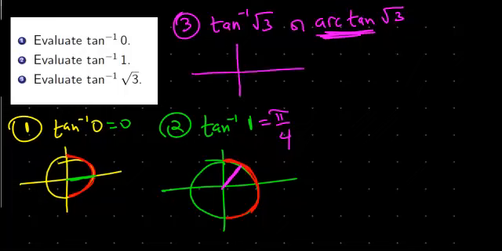And we know that the arc has to be between negative pi over 2 and pi over 2. So let's think of it here. I want to know the arc where my slope is root 3, and that's going to be up there. Okay, so we have the inverse tangent of root 3 equals pi over 3.